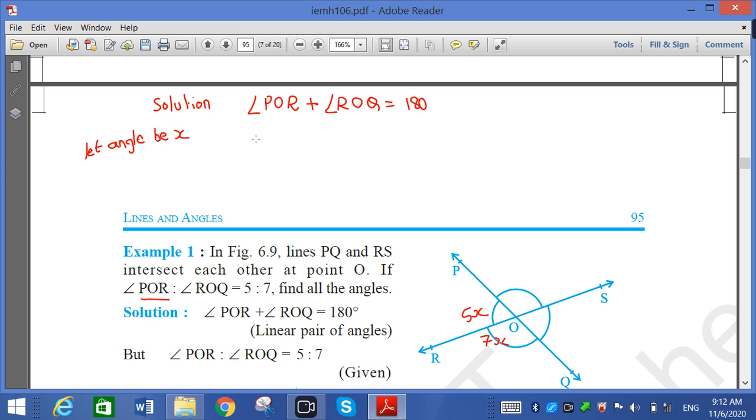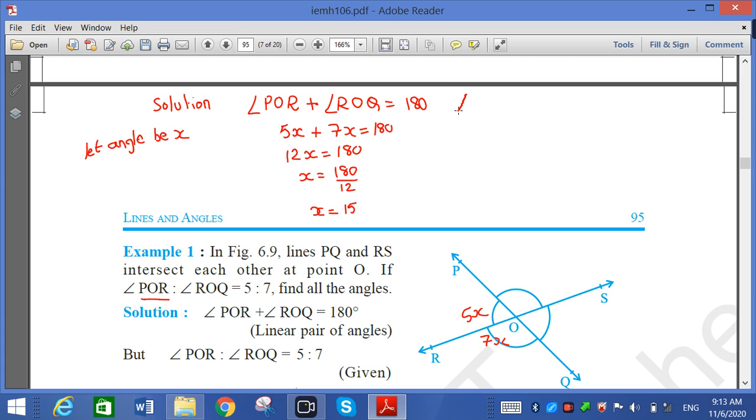So POR is 5, so we have to say 5x. ROQ, that is 7x, is given as 180. So 5 plus 7, that is 12x, is equal to 180. So x is equal to 180 divided by 12. So 12 ones are 12, 12 fives are 60. So x is equal to 15.